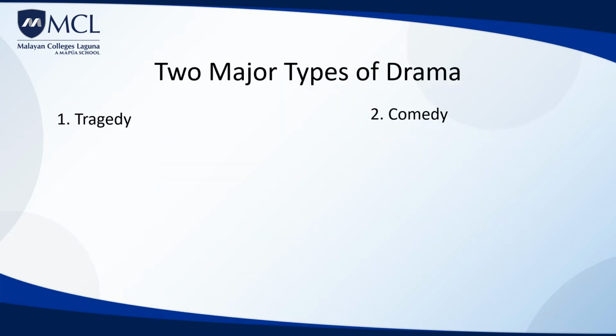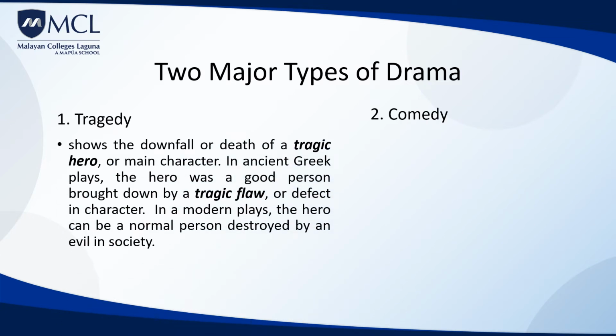There are many types of drama, but in this lecture, we will only focus on two major types of drama, which are tragedy and comedy. A tragedy shows the downfall or the death of a tragic hero or the main character.